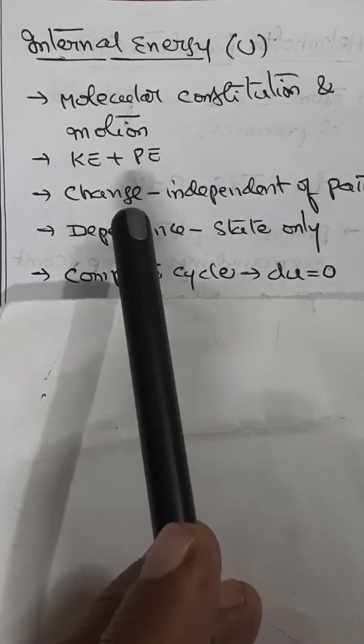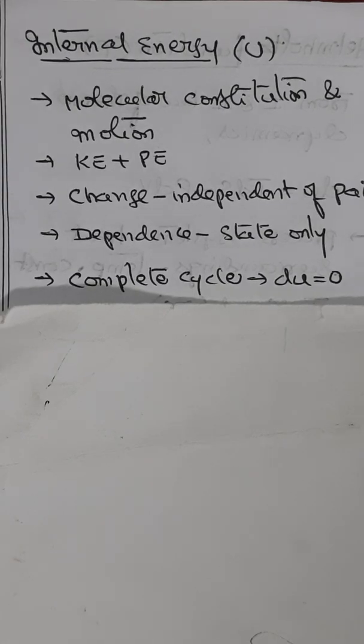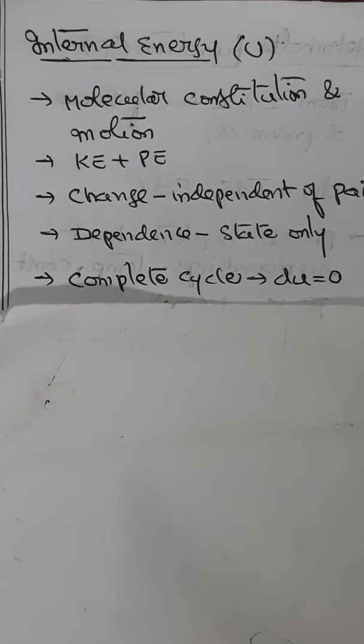But according to the first law of thermodynamics, there is a certain function U, known as internal energy, of the variables which characterizes the system. When the system passes from one state to another, the change in internal energy does not depend on the path followed, but only on the initial and final states. So it is independent of path, but dependent on the state.